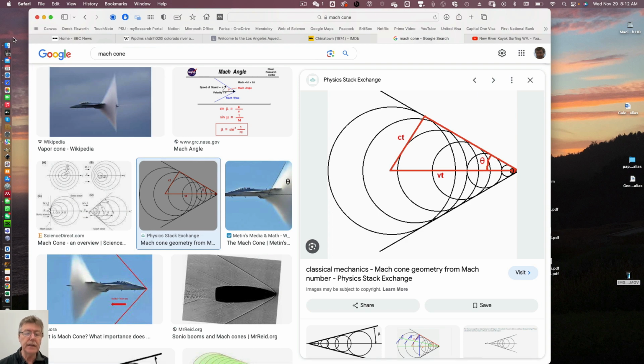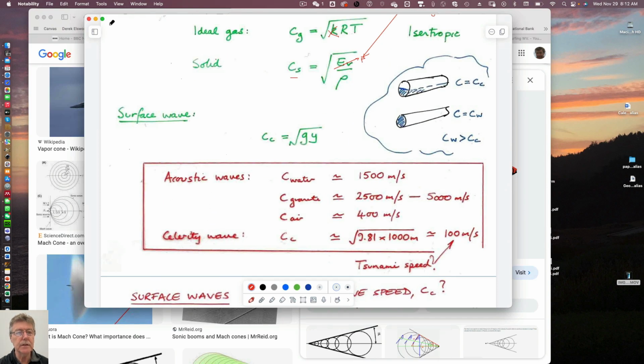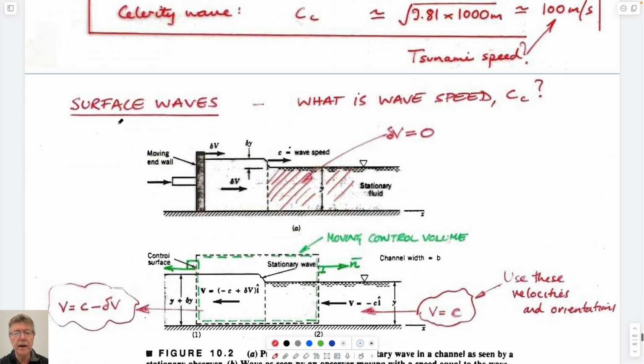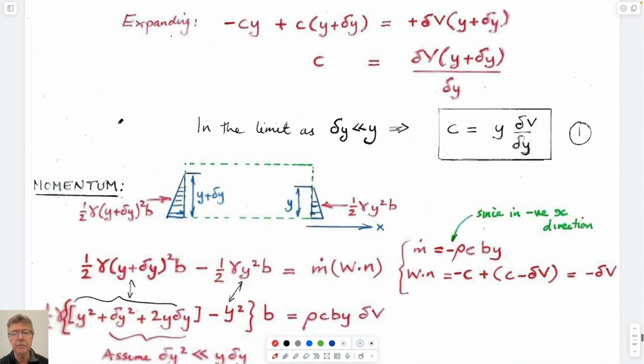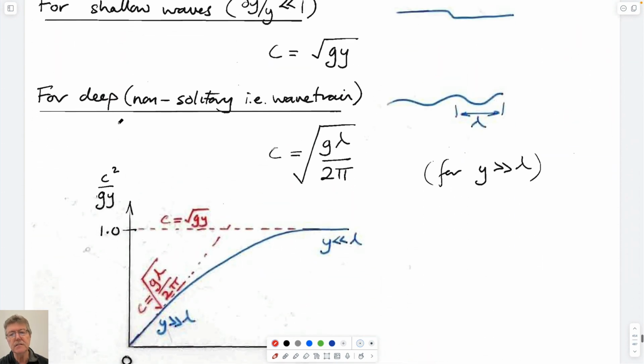So the analog to that for us is this idea that the celerity wave, the surface wave, is trying to get away from the tip. I won't go through its derivation. This derivation just says that the celerity wave is actually quite good for what we'll do. It's not good for all waves.